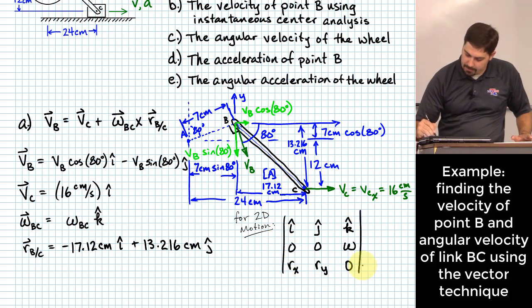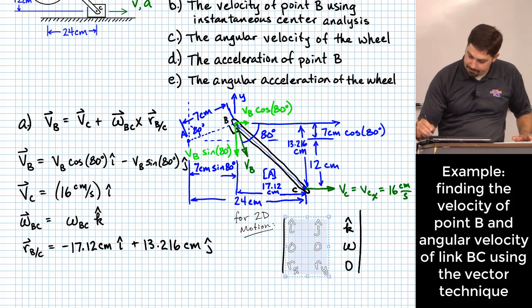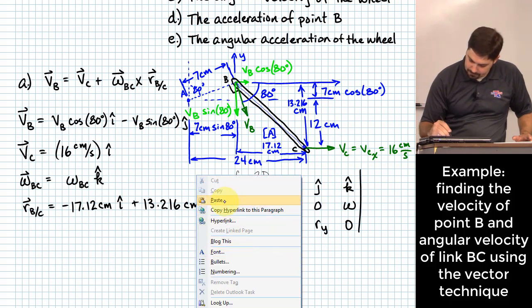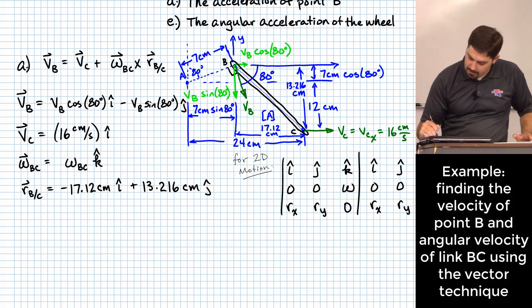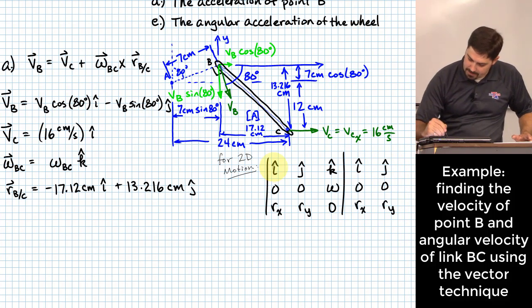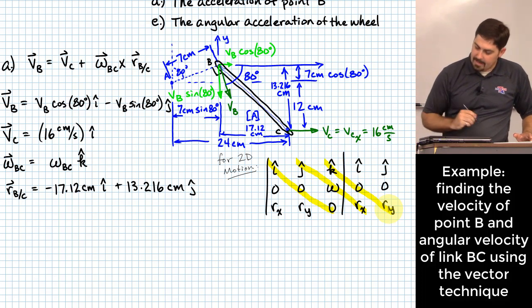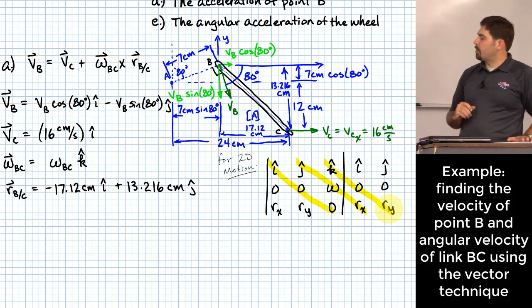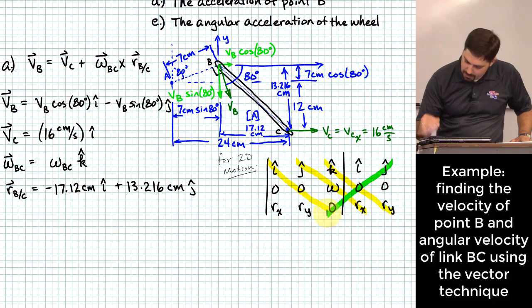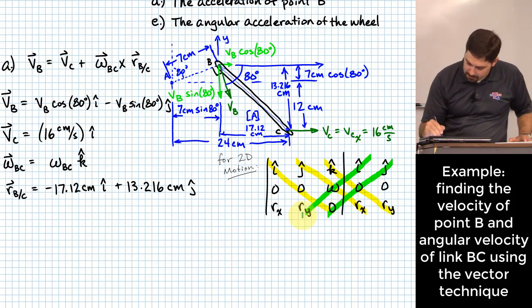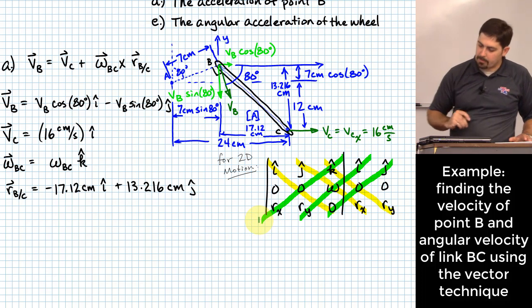And if we take the determinant of this, the way that we can do that is we can copy our first two columns, like this. And we can think about multiplying across diagonals, right? So we multiply across here, and there, and add all those yellow products, the product of the first yellow line plus the second yellow line plus the third yellow line, and then subtract the product of that green line, and subtract the product of that green line, and then the product of that green line.